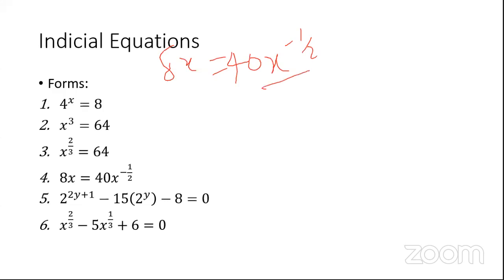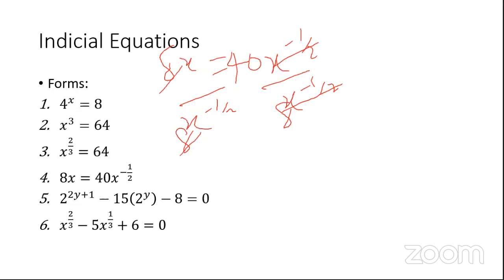Divide this one by x raised to power minus half, divide this one by x raised to power minus half. So all my x will be in the same place. Then I also need all my numbers to be in the same place. Divide both sides by 8. So with that, all my numbers are also in the same place, because this 8 here cancels this 8 here.